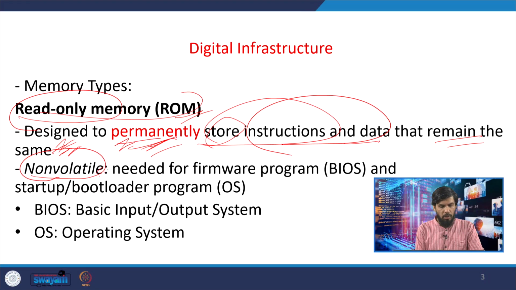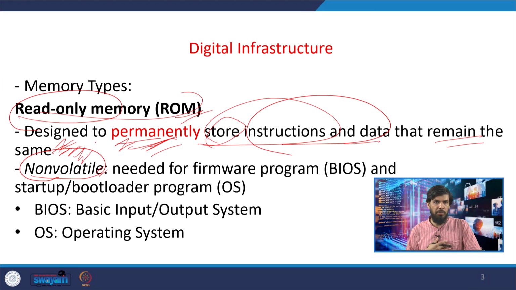That means when the current is disrupted or the computer is turned off, whatever instruction data we had on ROM will not go away, it will still be there. So next time when we want to use it, it will be there. That is why it is non-volatile.